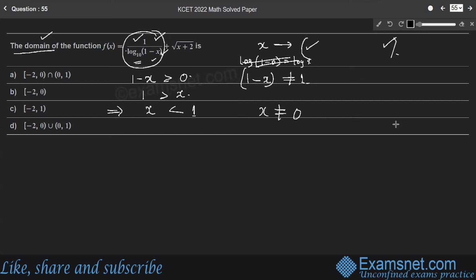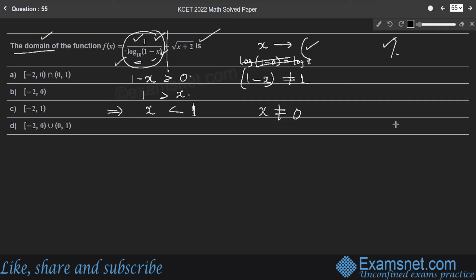If x is equal to 0, it becomes log 1 to the base 10, which is not possible in the denominator part. Therefore, x should be strictly less than 1 and x is not equal to 0. This is with respect to the first term.